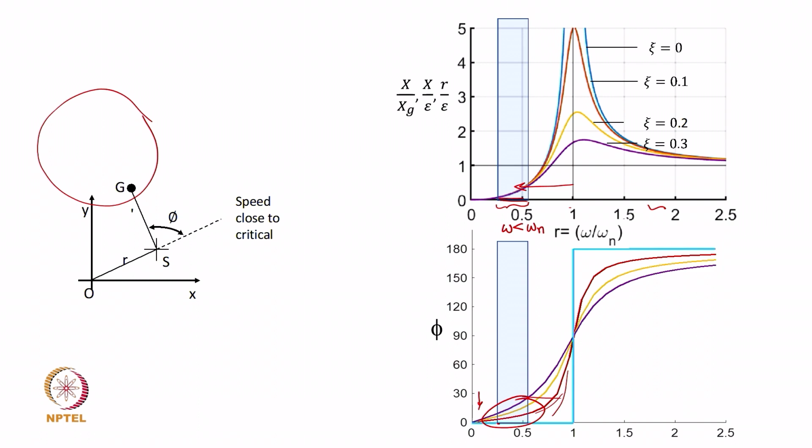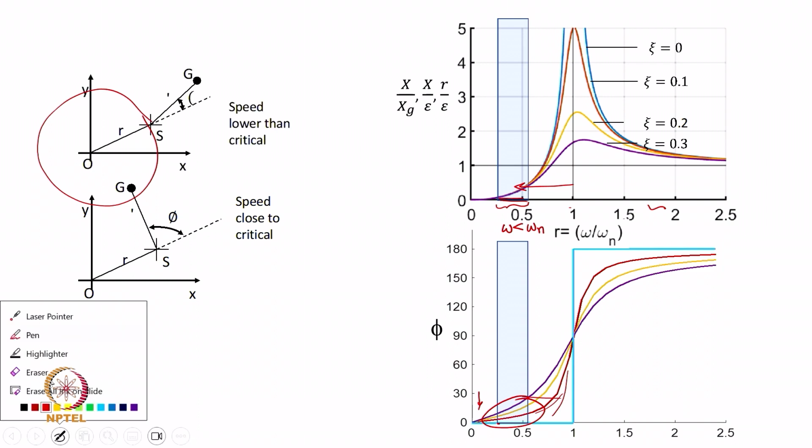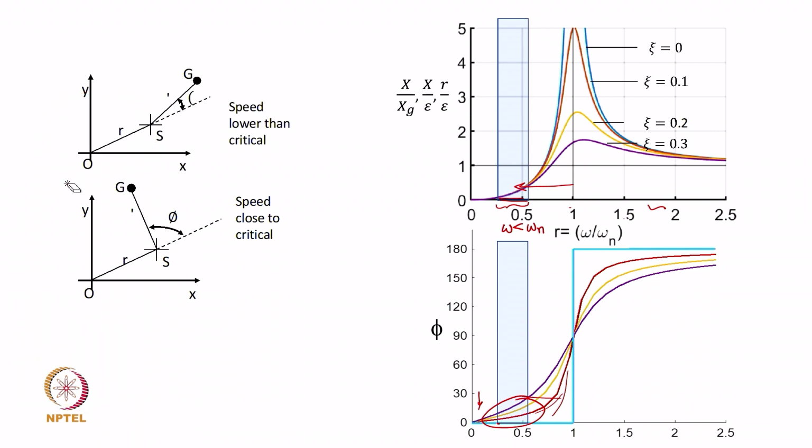Now, when it operates there, then what happens? We have discussed in the previous slide that the force and the response, they have an acute angle between them. So, this is capital X and this is your force. So, the angle here is going to be phi, which is an acute angle. That's how it shows up.